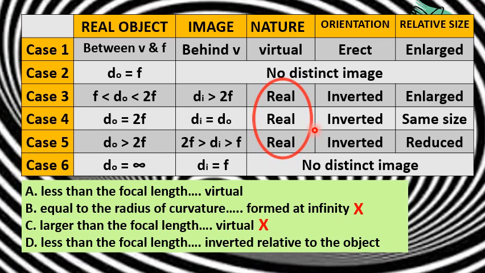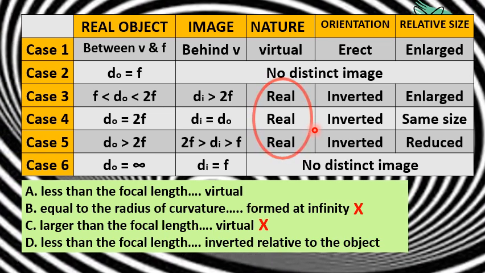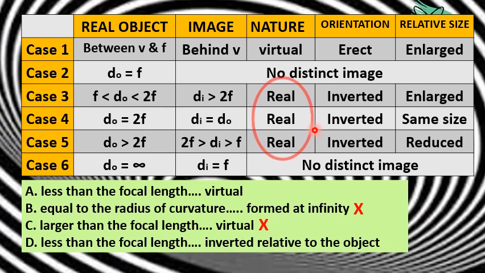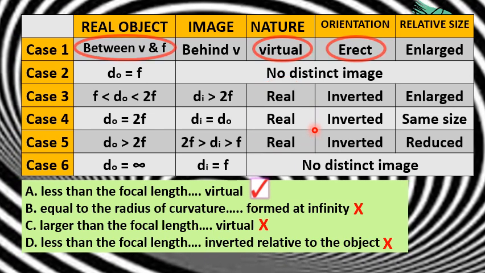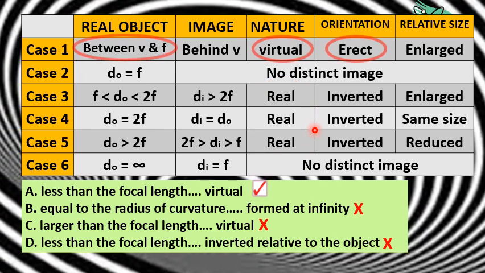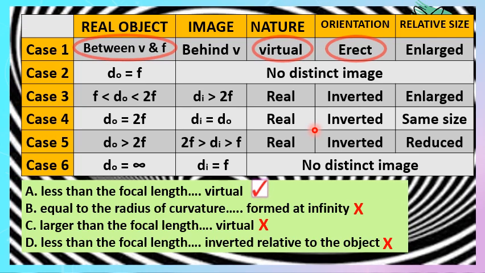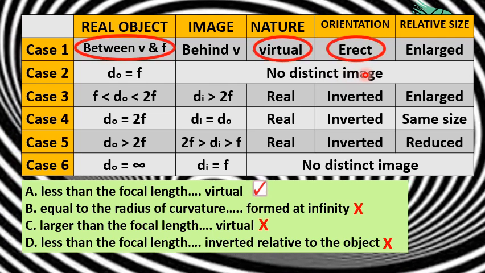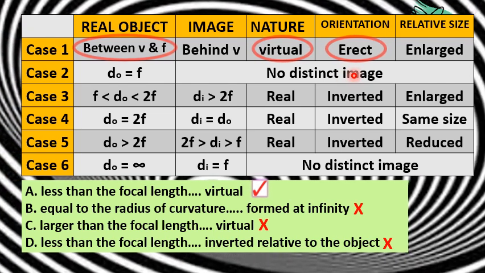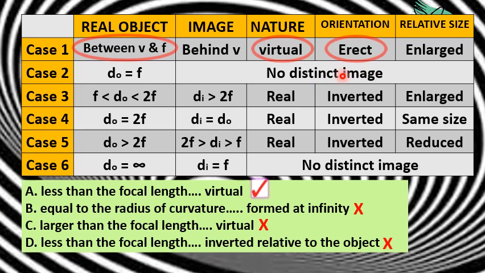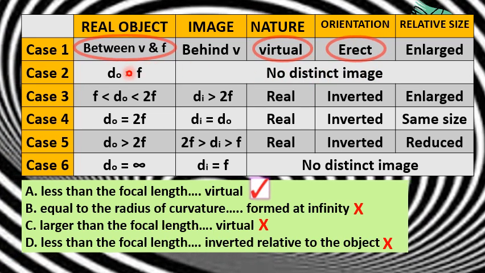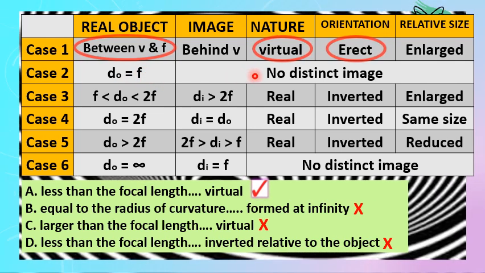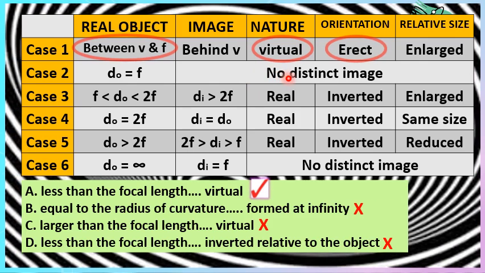And option D is also incorrect because if the object distance DO is less than the focal length, the image is not inverted. The image, in fact, is upright or erect. So that means only statement A is correct, all right? Because if the object distance is less than F, then the image is virtual.